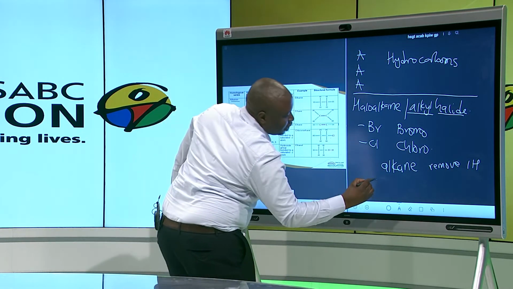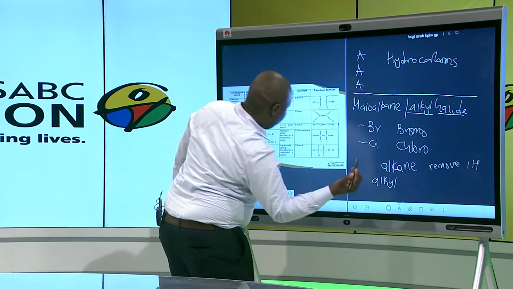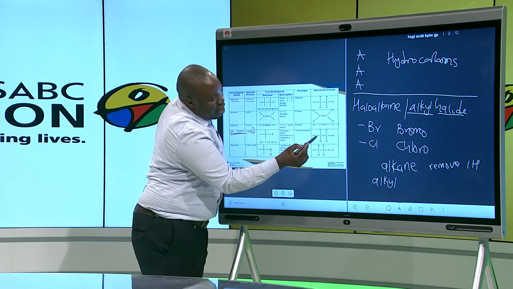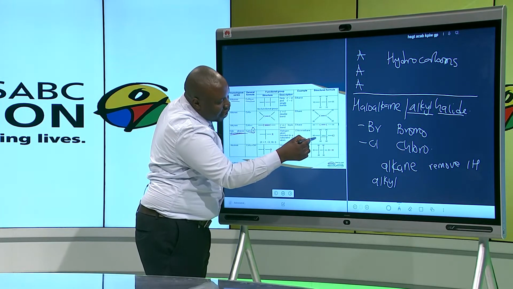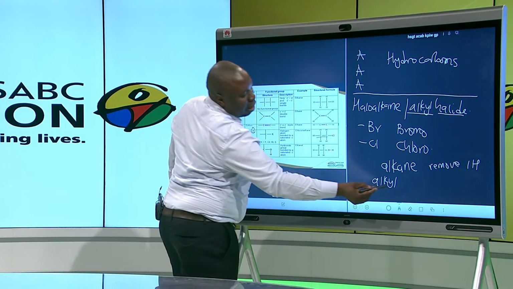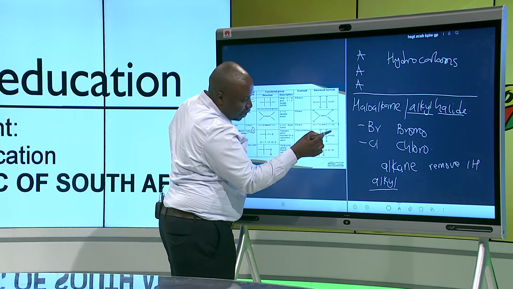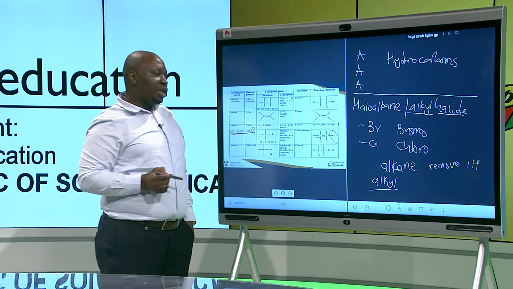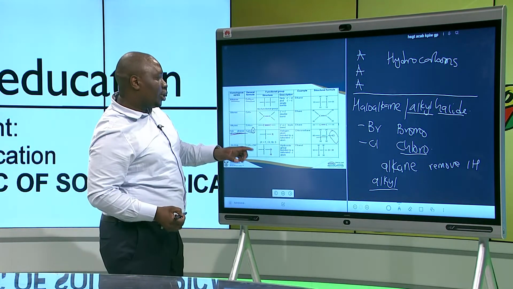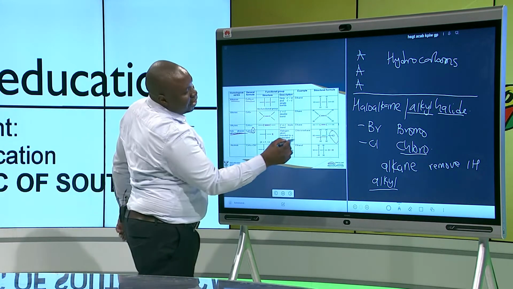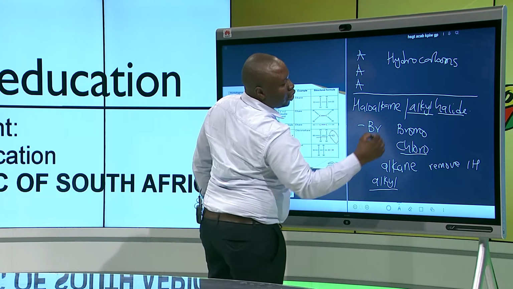So you can see that's what we have done. We have 2 carbons, which is ethane. When you remove 1 hydrogen, it becomes ethyl, and then it has a halide. Our halide is chlorine, and we said when it's chlorine, we say chloro. So the name will be chloroethane.